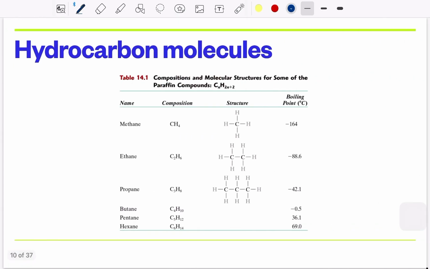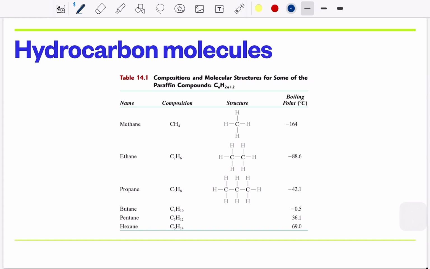Okay, so this is something that I need to add and mention because it is a very basic root for a polymer. If we look here, this is what we call paraffin compounds, like CH4, C2H6: methane, ethane, propane, butane.